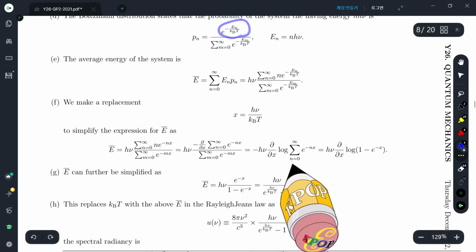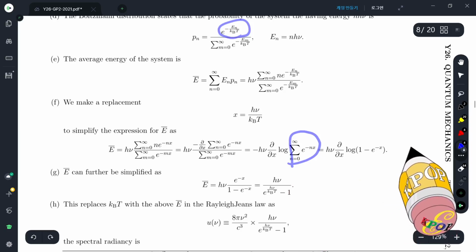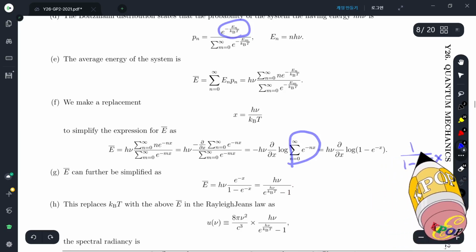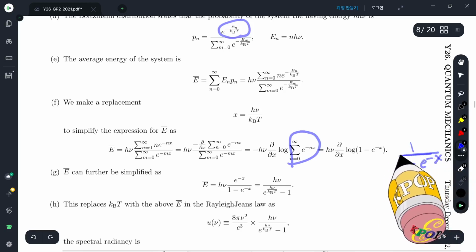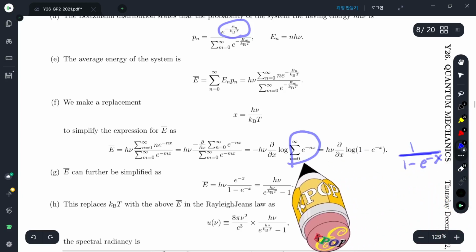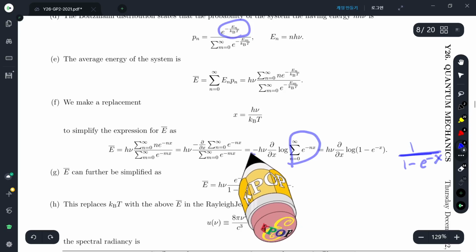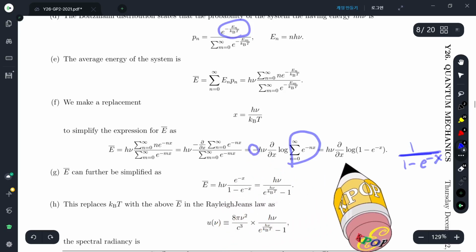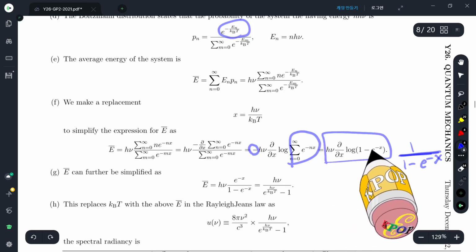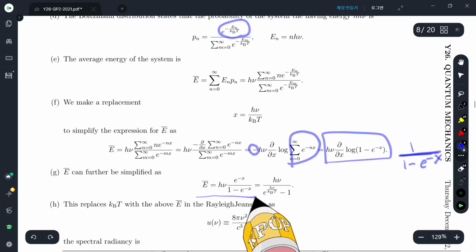The sum of this geometric series is trivial, and actually this is 1 over 1 minus e to the minus x, but we take the reciprocal and pull out the negative sign to remove this negative sign. So we end up with this. And taking the derivative of this is trivial again, and the final result is expressed in this.